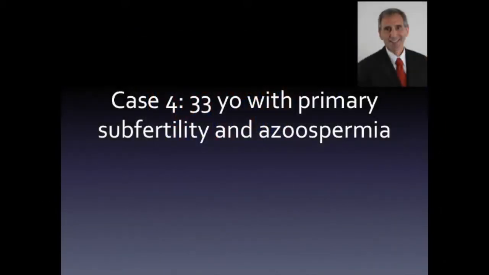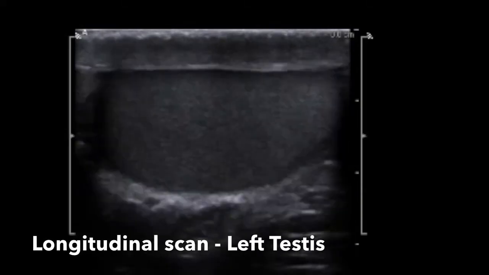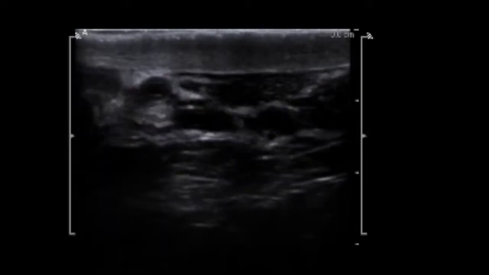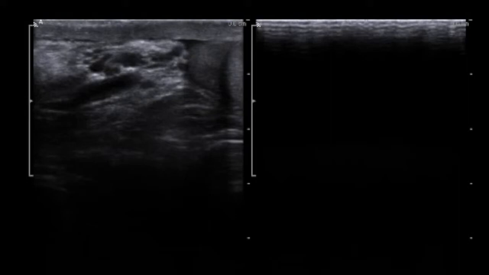The next case is that of a 33-year-old gentleman with primary subfertility and low volume, fructose-positive azoospermia. A scrotal ultrasound was requested to evaluate the fullness identified posterior and lateral to each testis. A longitudinal survey scan of the left scrotum shows a normal-sized testis with dilated structures posterior and lateral to the left testis.